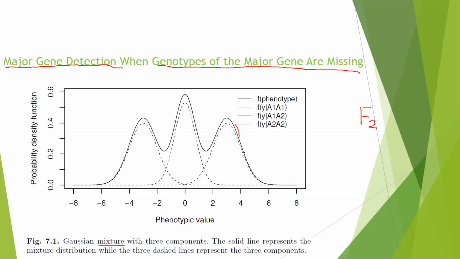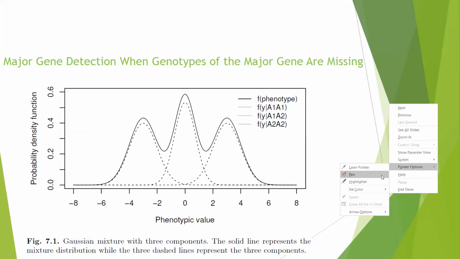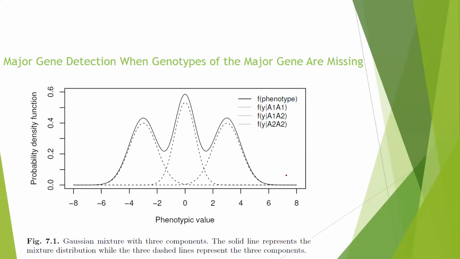So is that clear? The solid curve here shows a mixture distribution of 3 underlying distributions.